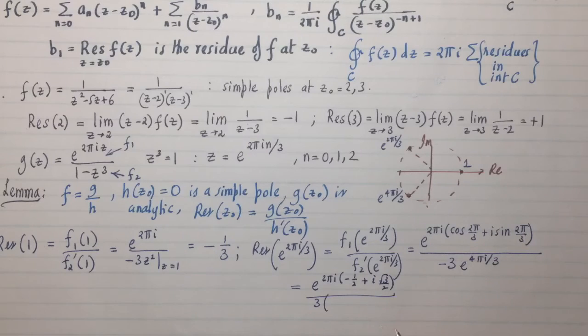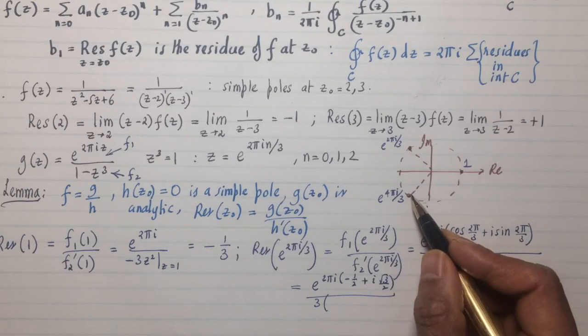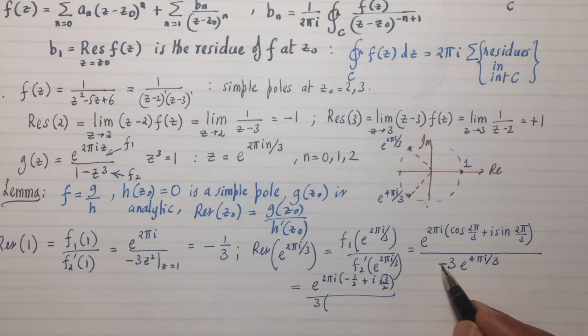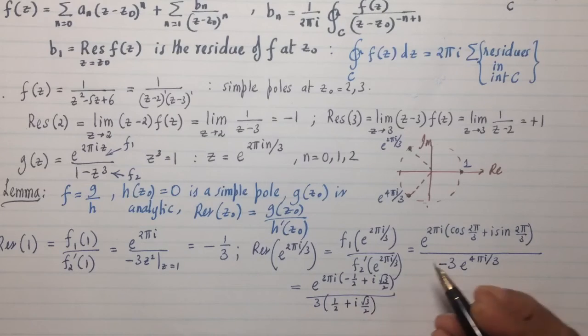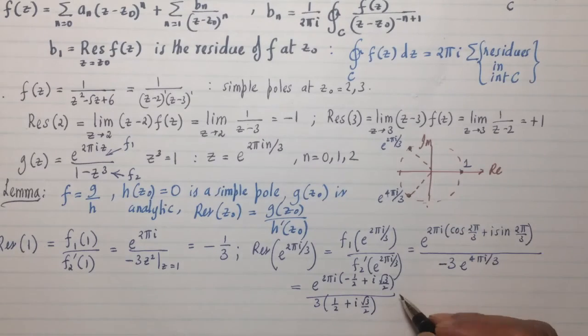So we're going to get both of them are going to be negative, are they not? Because you have sine and cosine both negative, but that negative sign will cancel with this, so I won't write the negative sign. I'll get 1/2 plus i root 3 over 2 because it's just a reflection of that one.